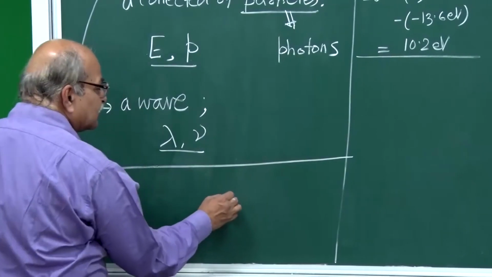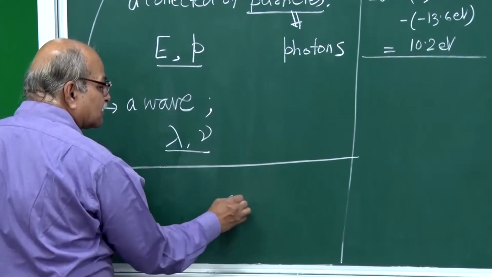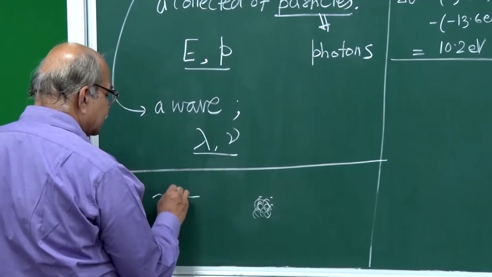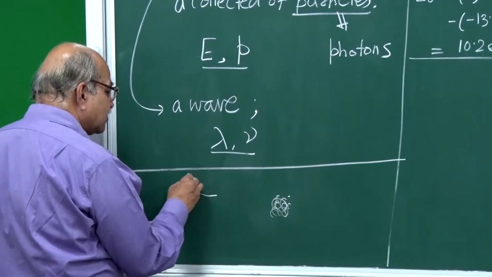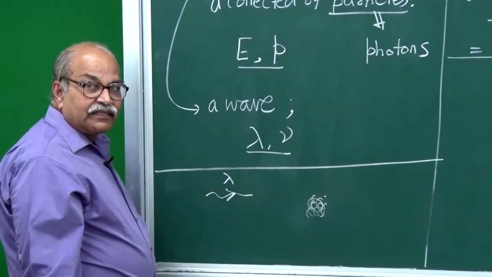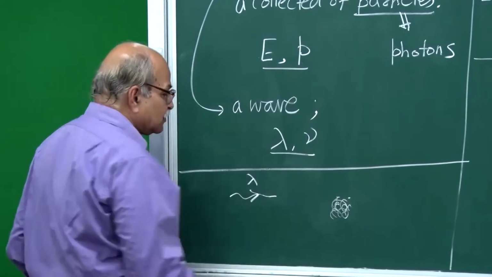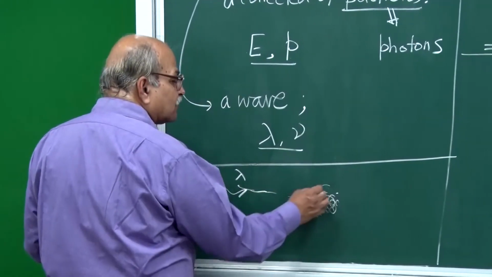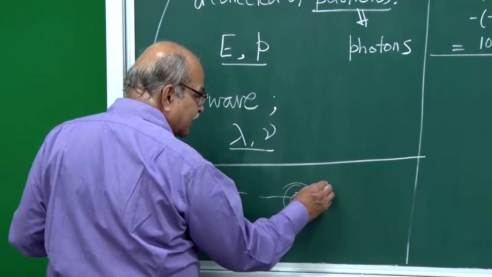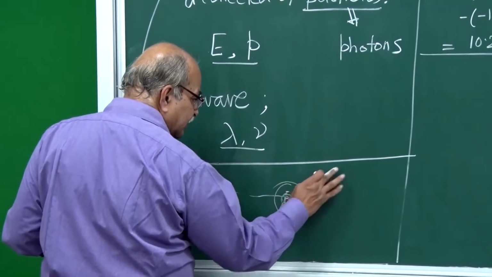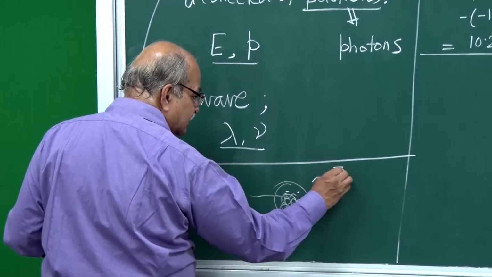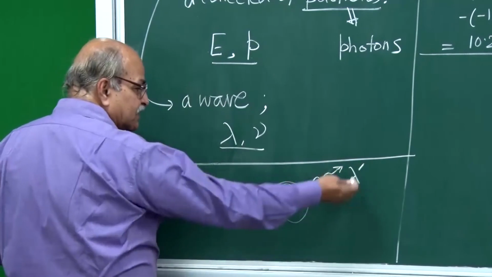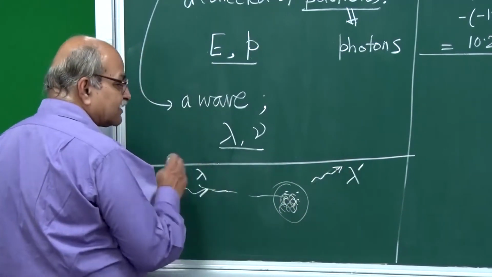So, let us say you have some atom or some collection of atoms here, and you have electrons there, and you send radiation of wavelength lambda. Generally this is done with X-rays. So, some wavelength lambda here, and that X-ray falls on this system, and on the other side it emerges as X-ray of wavelength lambda prime, which is slightly larger than this wavelength.